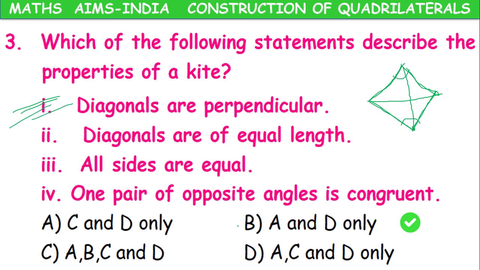So the answer is A and D only, that is 1 and 4 only. All sides are equal, wrong. Diagonals having equal length, wrong.